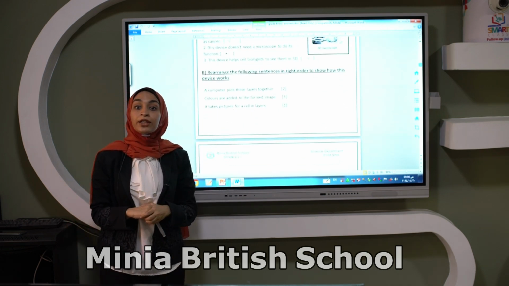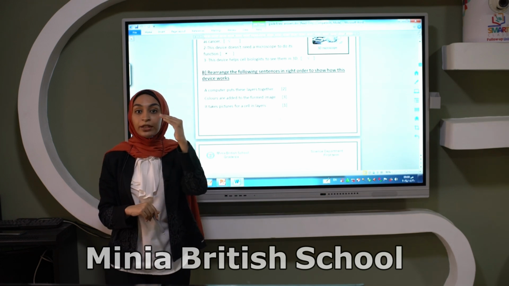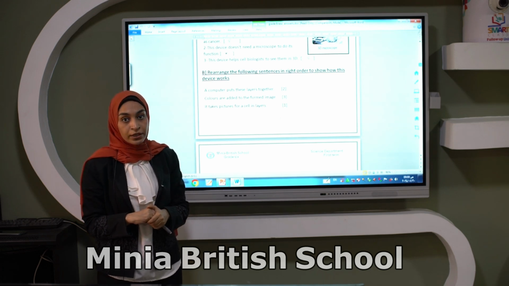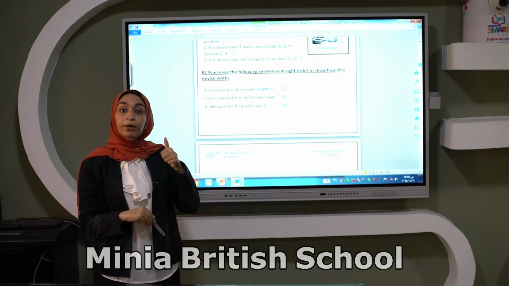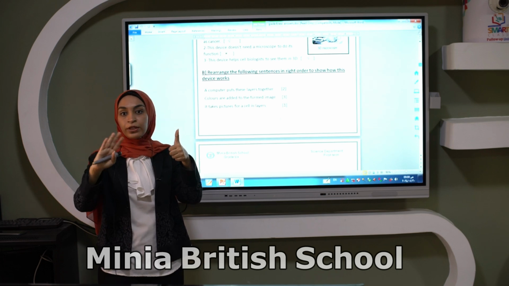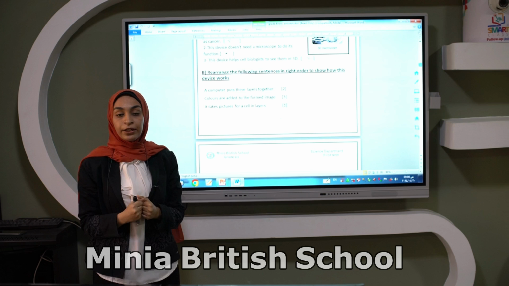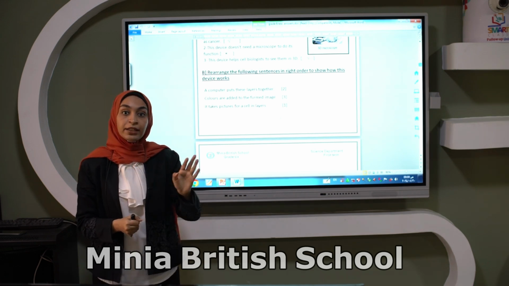What about question 3? Here we need to rearrange the steps of using the 3D microscope. Number 1, take pictures of the cell. Number 2, collect them in layers. And finally, adding colors.